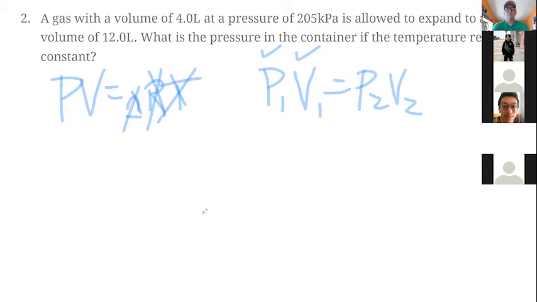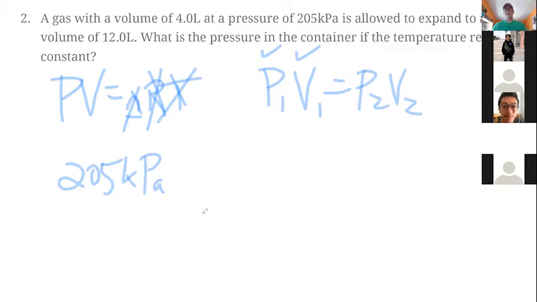205. 205 what? kPa. What does that stand for? Kilopascals. Another genius Frenchman named Pascal came up with that. There's lots of different ways to measure pressure.